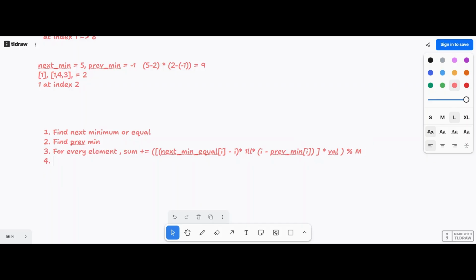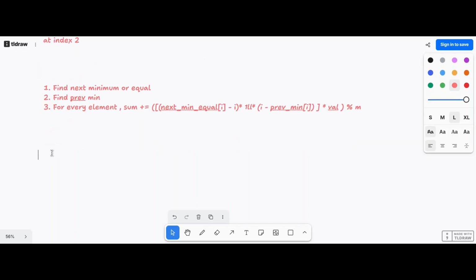Okay, so let me take one example and then we are done with it. So let's take this example itself. We have array is equal to 3, 1, 2, 4.